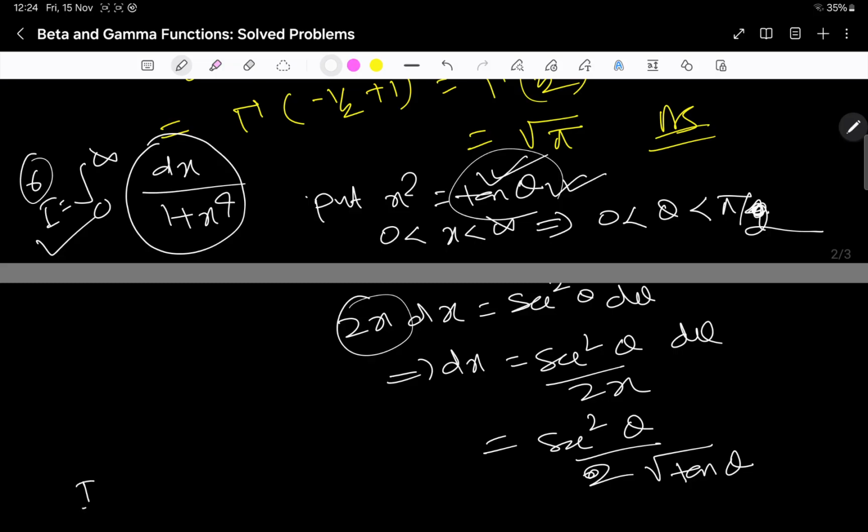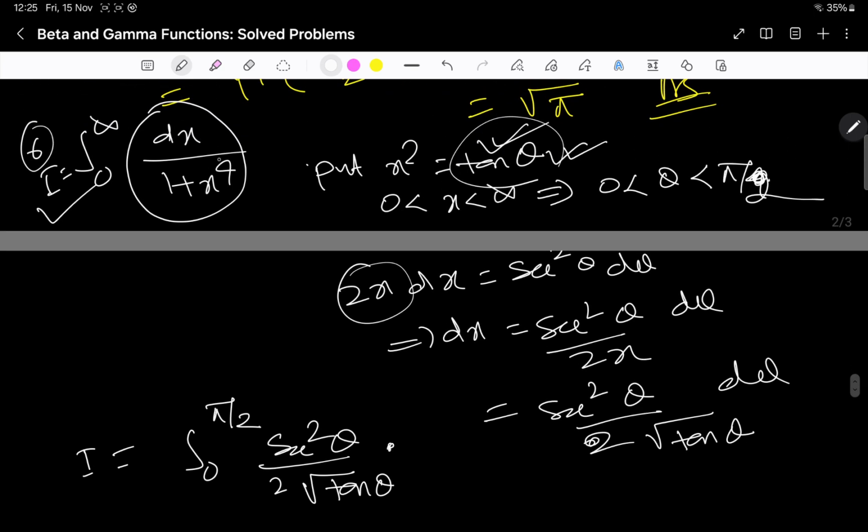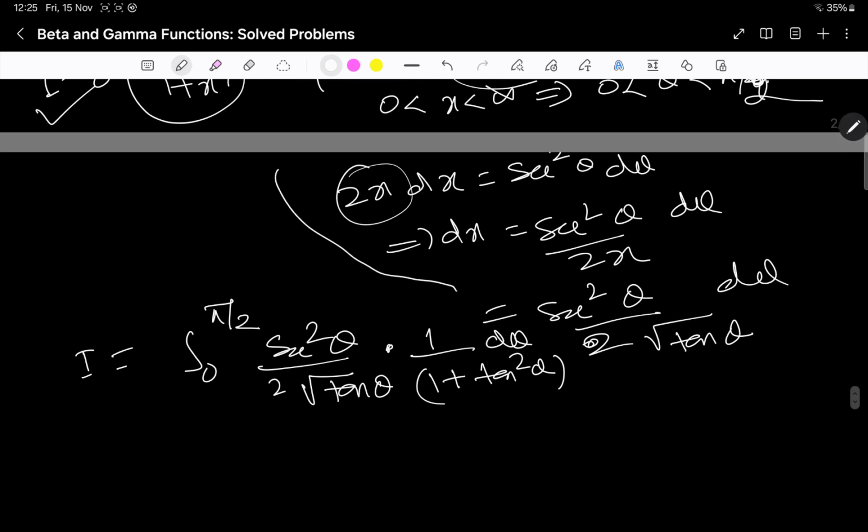So this integral I becomes the integral from 0 to pi by 2. Now dx becomes sec square theta divided by 2 root of tan theta, into 1 by 1 plus x fourth, which is 1 by 1 plus x square whole square, meaning tan square theta, and here d theta. So 1 plus tan square theta is sec square theta.